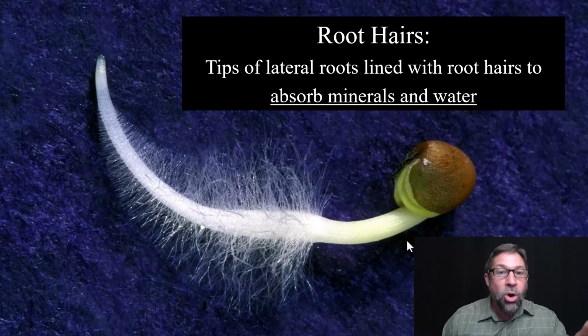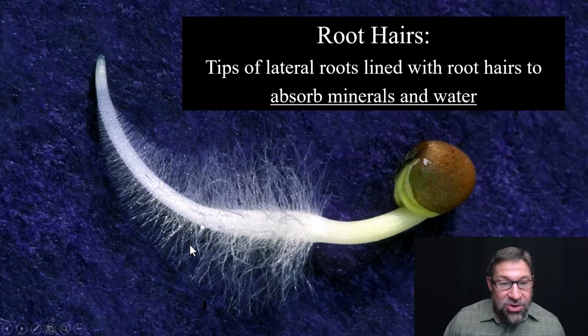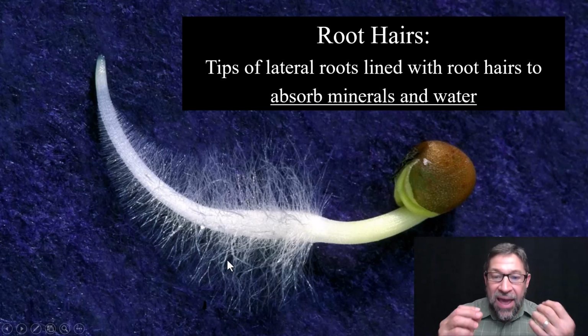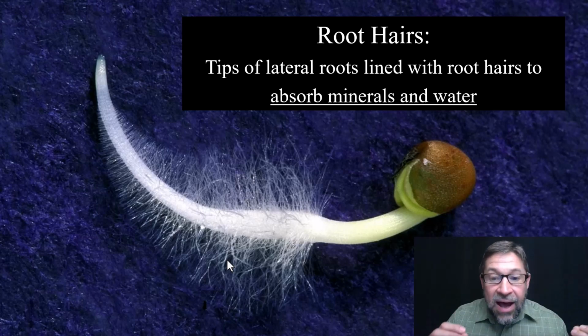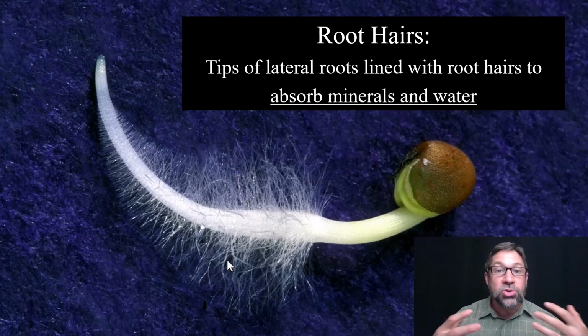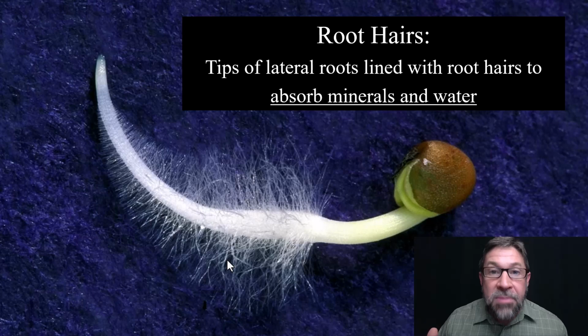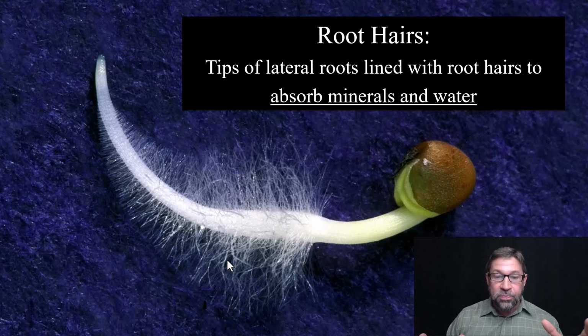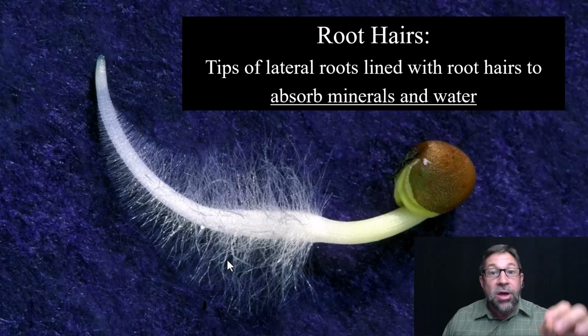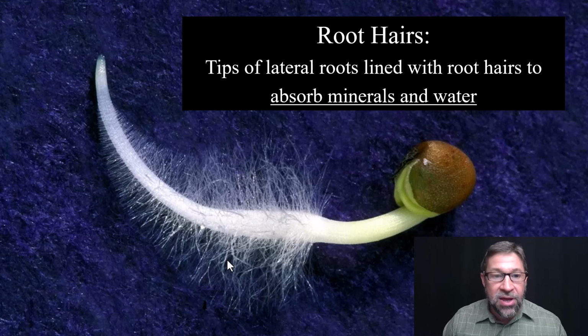The lateral roots on plants are lined with little microscopic root hairs, which is how the plants are going to absorb water and minerals from the soil. Question: how does the form fit the function of those microscopic hairs?